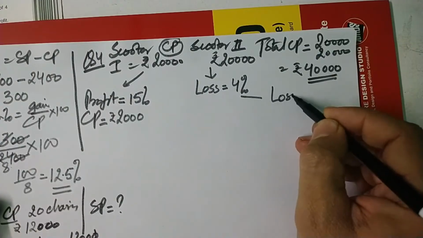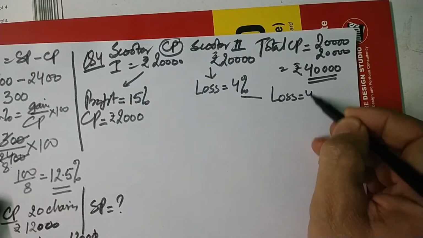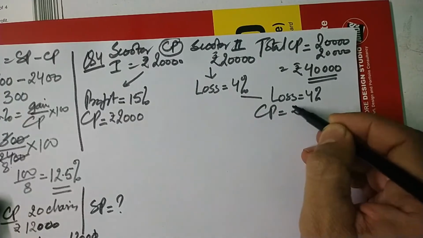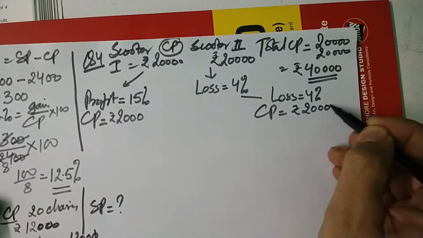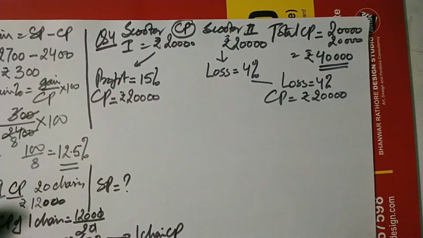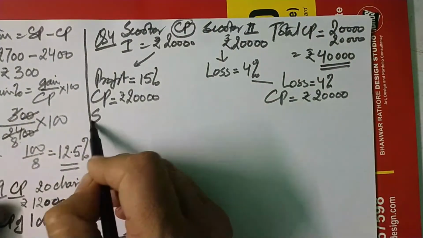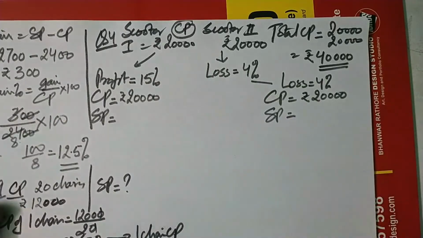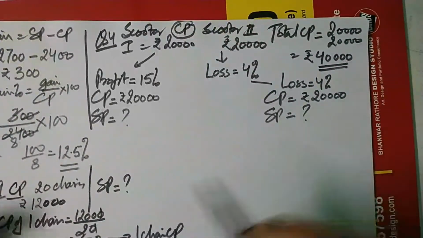And in the second case, there is a loss, and CP is rupees 20,000. Now we have to find what is the selling price of the first scooter, what is the selling price of the second scooter.